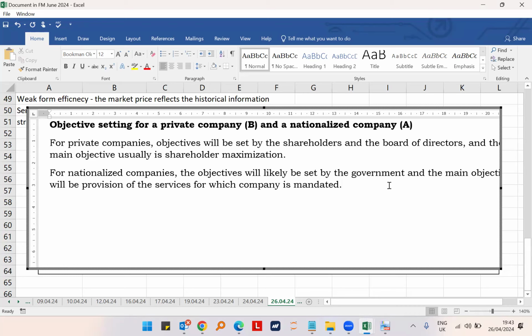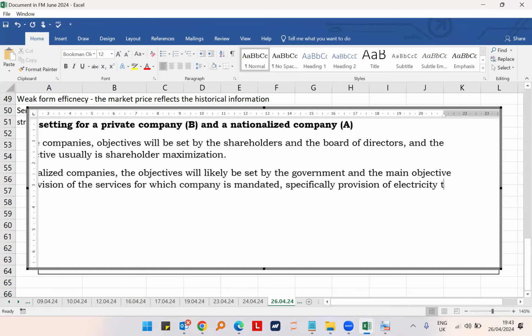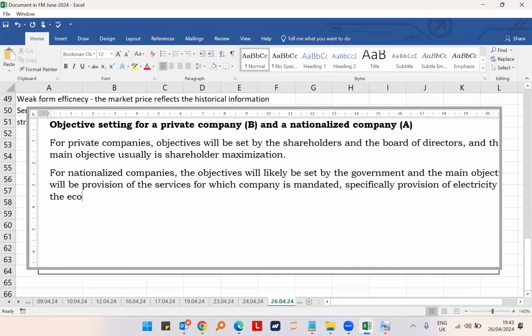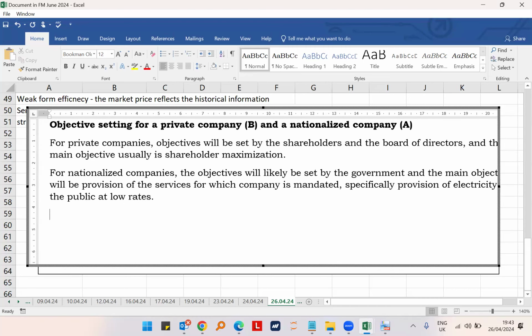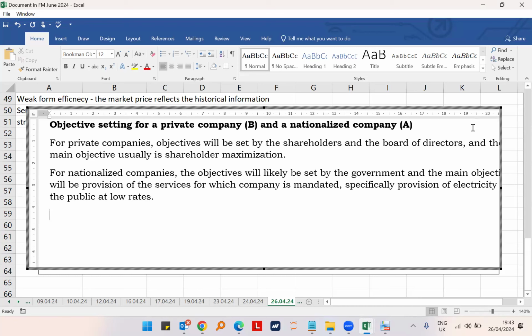So specifically in this case, provision of electricity to the population, to the public, okay, at low rates. So that's basically what you would be talking about here in this case.